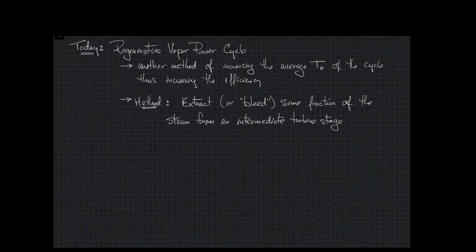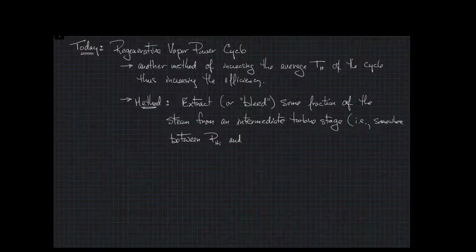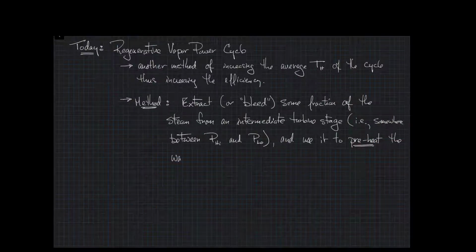However, instead of reheating the steam at that point, we are going to take that steam at this intermediate pressure, somewhere between the P high and P low, the high pressure isobar and the low pressure isobar of our cycle. And we're going to use it to preheat, since this intermediate pressure steam is still quite hot, certainly compared to the outlet of the condenser.